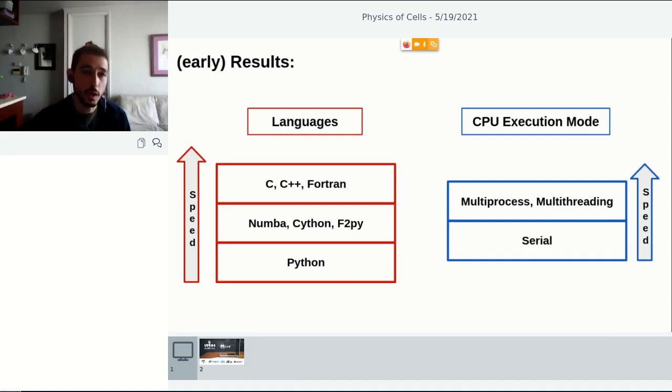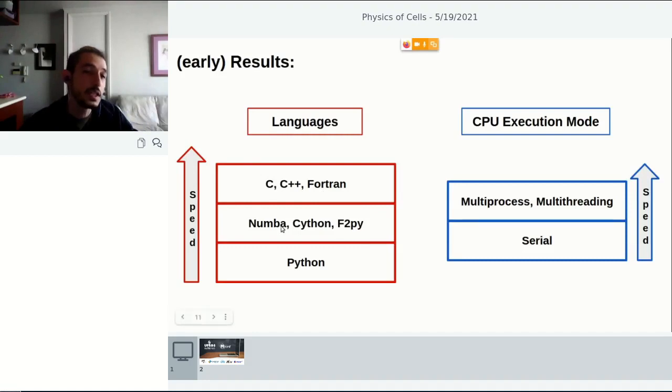On the left side you have the languages and their speeds, and on the right side you have the CPU execution mode, serial or parallel, and also a third option, GPU, but we are not talking about that, so let's take that aside. On the language side, what people understand is that Python is slow, and then you have C, C++, and Fortran. They are fast, and there are debates about whether they are in the same order of magnitude.